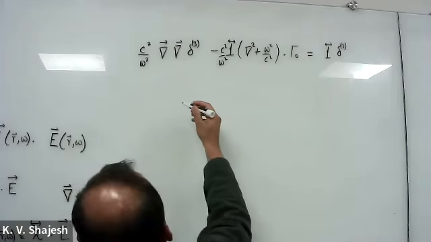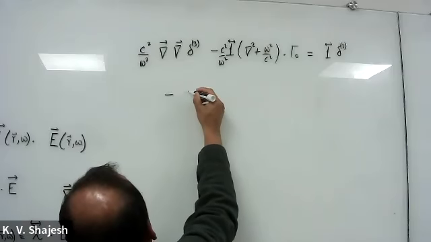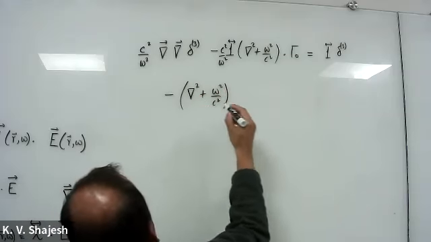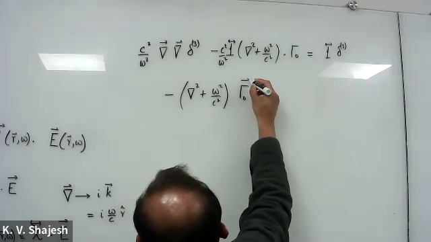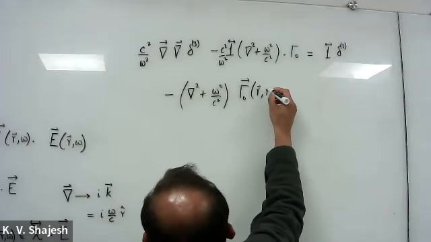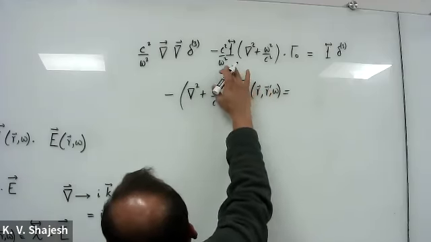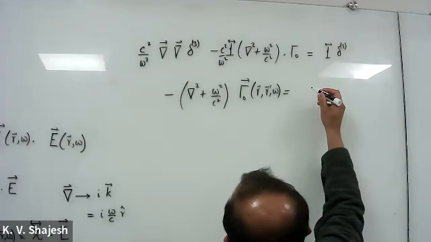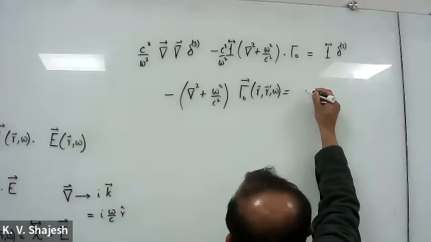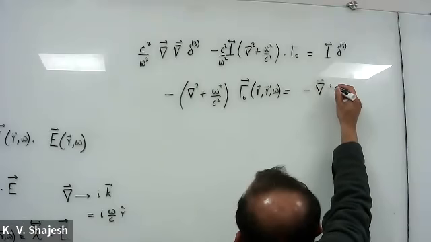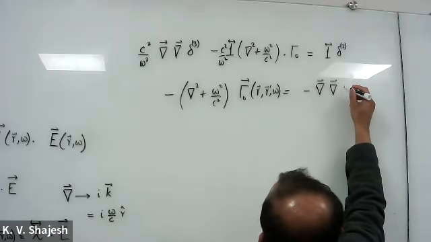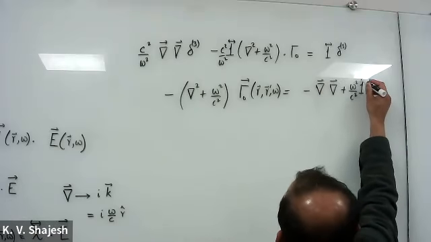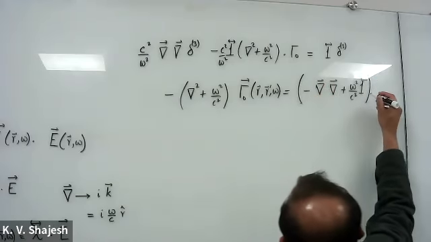So multiply it out. So I have this equation del square plus omega square over c square times the Green's dyadic is equal to, so I've killed the omega square over c square, comes on the right, and this is minus gradient plus omega square over c square times 1 delta function.